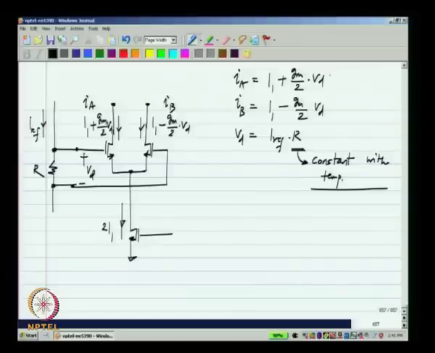So, these currents will be nothing but I1 plus Gm by 2 Iref R, and this will be I1 minus Gm by 2 Iref R. Okay.